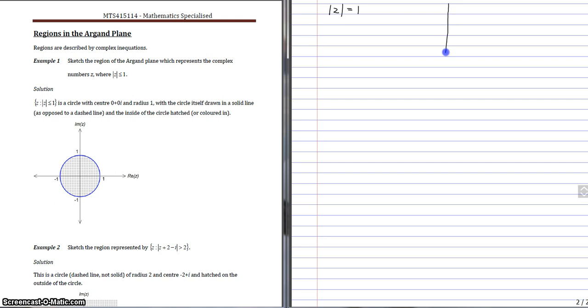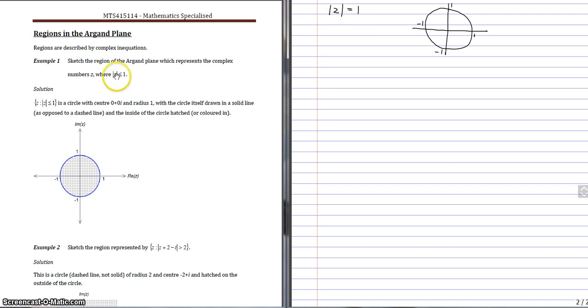We remember that was represented as a circle with a center at the origin and 1 unit from the origin. So that is the graph of the modulus of z equals 1.